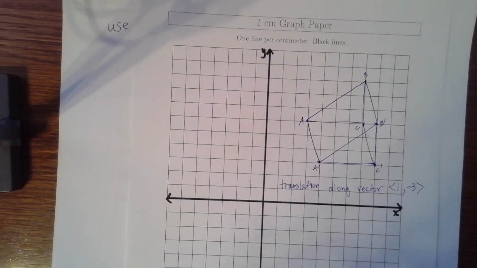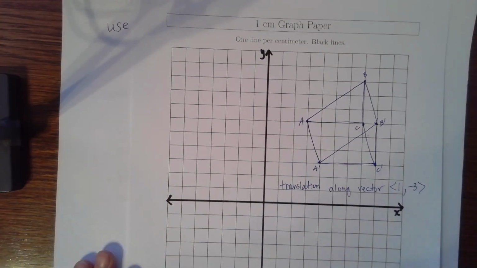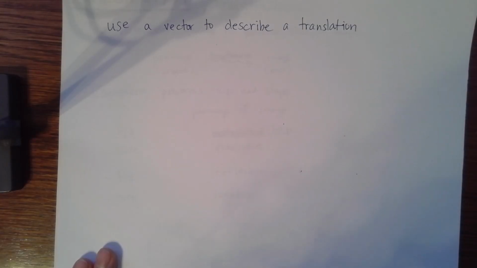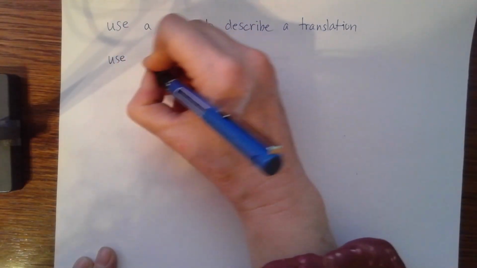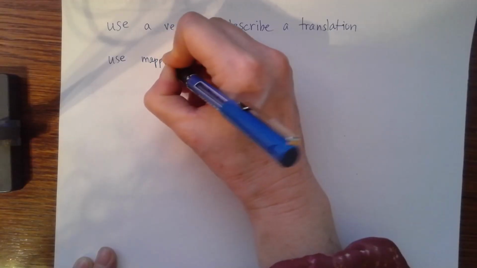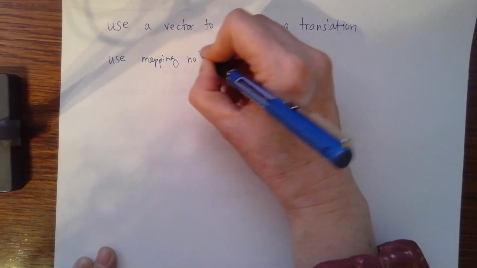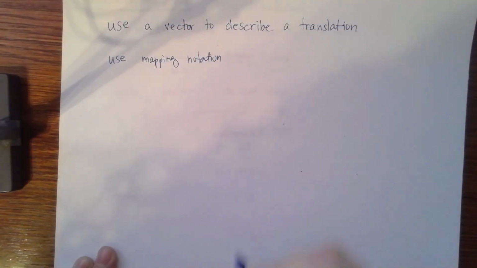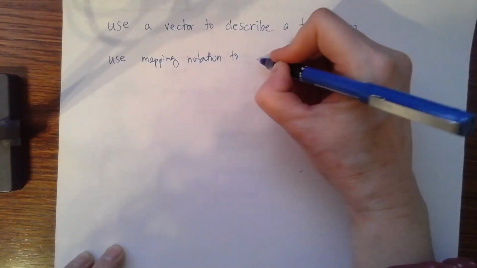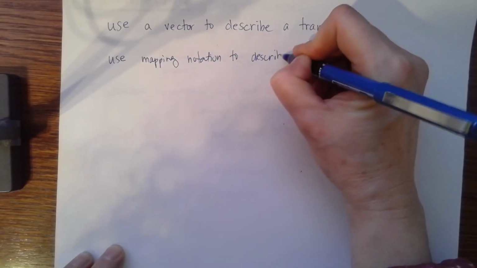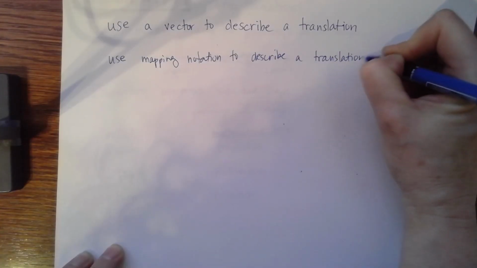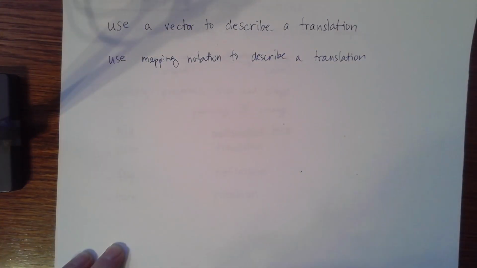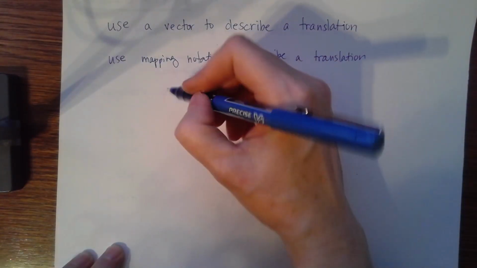All right, so that is one way that we can describe a translation. The other way is to use what's called mapping notation. Mapping notation has this format.